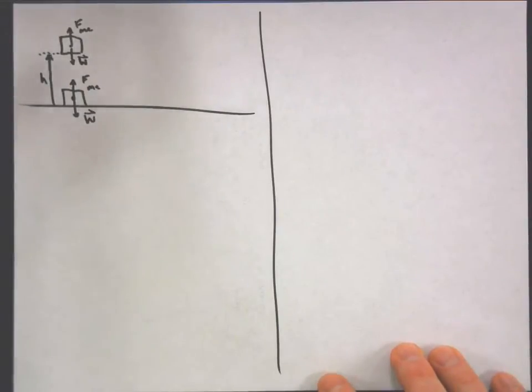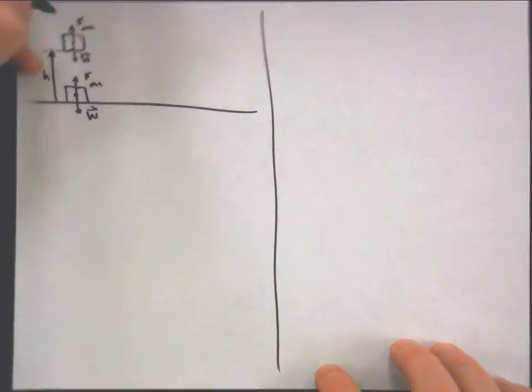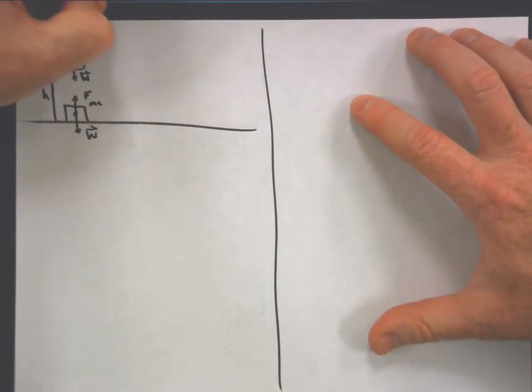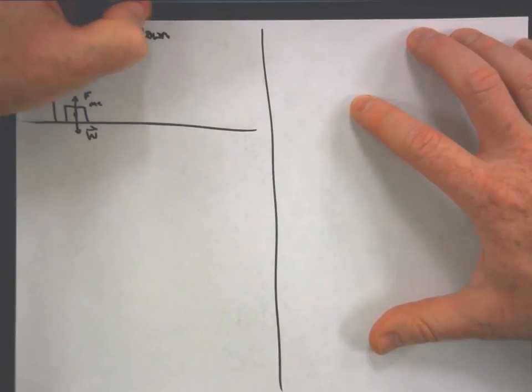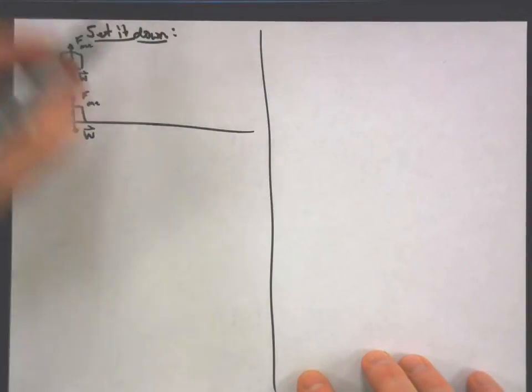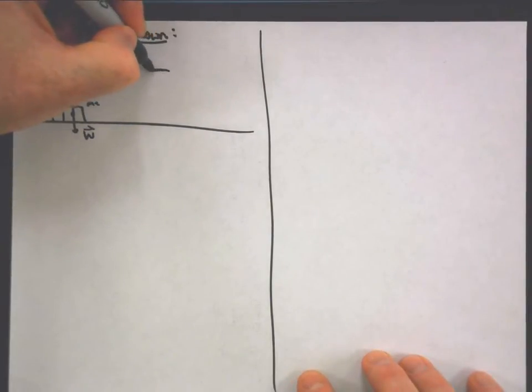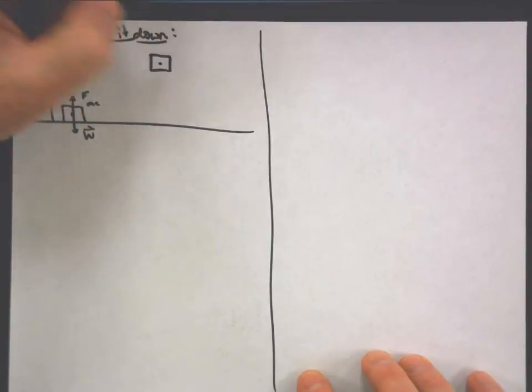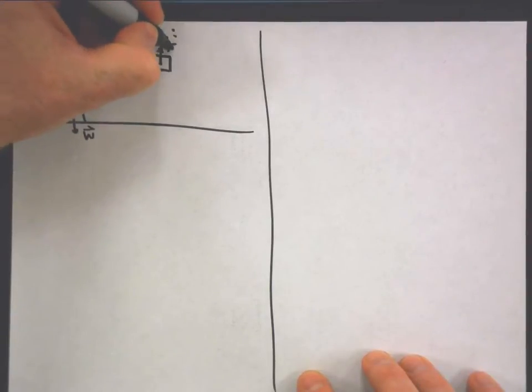And, okay, well, now this time I'm going to set it down. Okay, so this is my setting it down situation. Now looking at the reverse of this process, it starts here, and there are two forces acting on it.